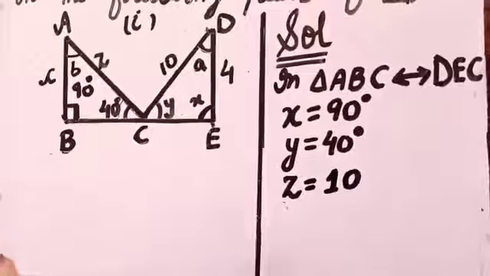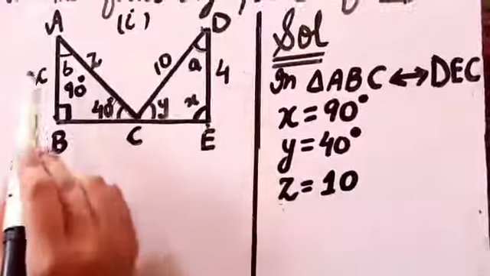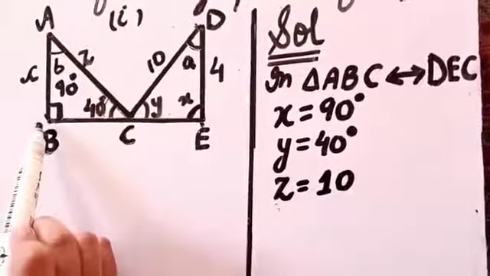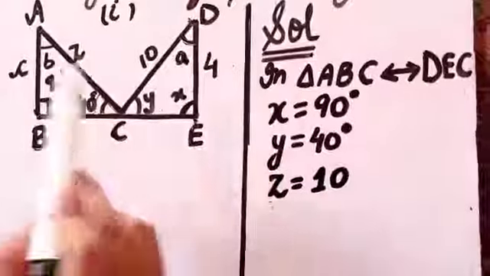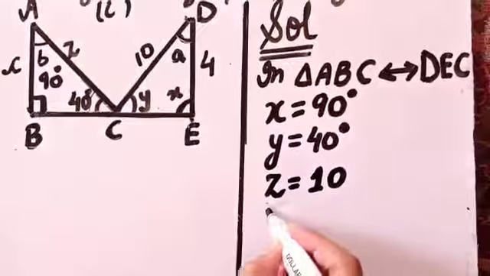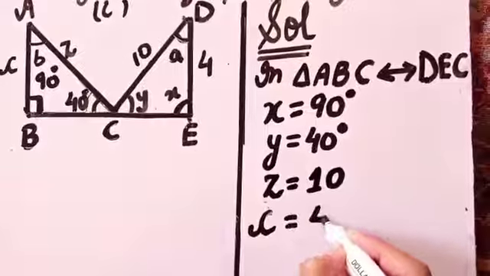Okay class, now we have to find the remaining unknown variables, that is a, b and c. We can see the side AB is the corresponding side of DE. So these two sides are equal to each other. So I can write small c is equal to 4.